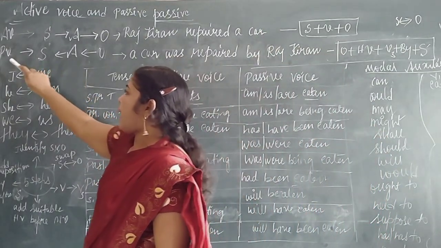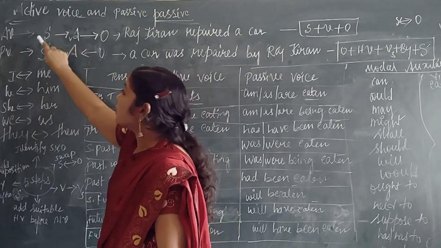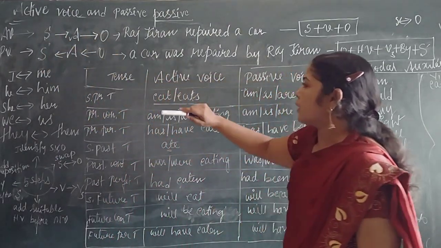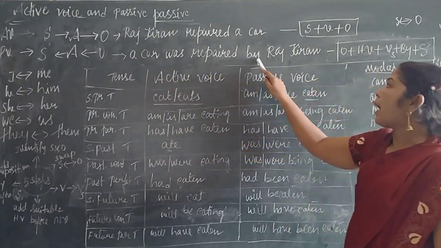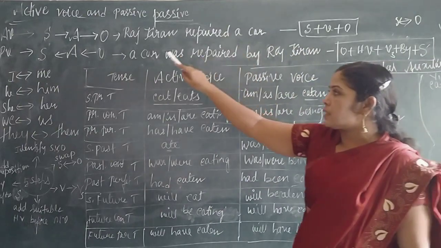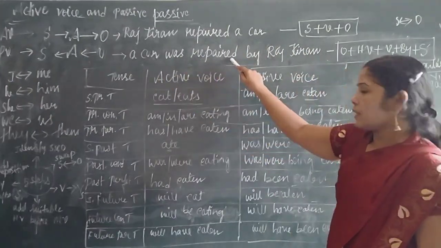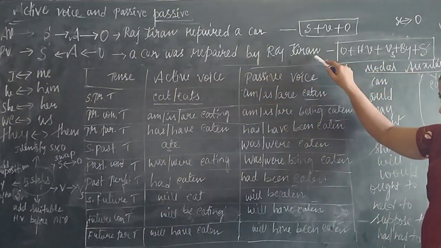And in passive voice, some action has been done on the subject by an object. So let us take an example. A car was repaired by Raj Kiran. In this sentence, a car is the subject and repaired is the action word, that is the verb, and Raj Kiran is an object.